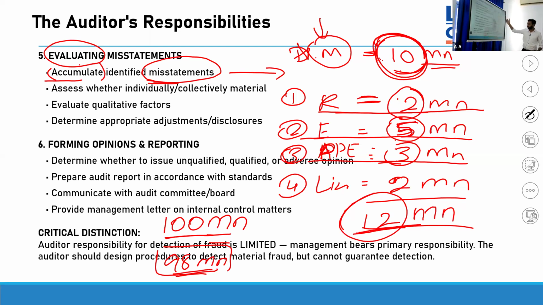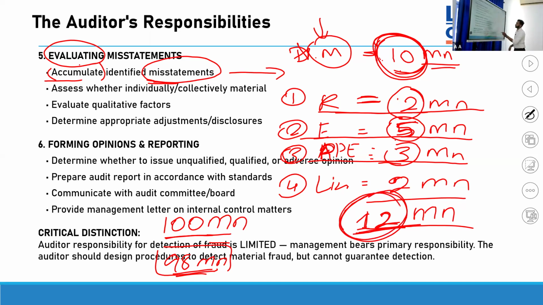Hope you get the idea, right? So if we add these individual misstatements, we get the sum of 12 million. 12 million is above our materiality level. Clear?